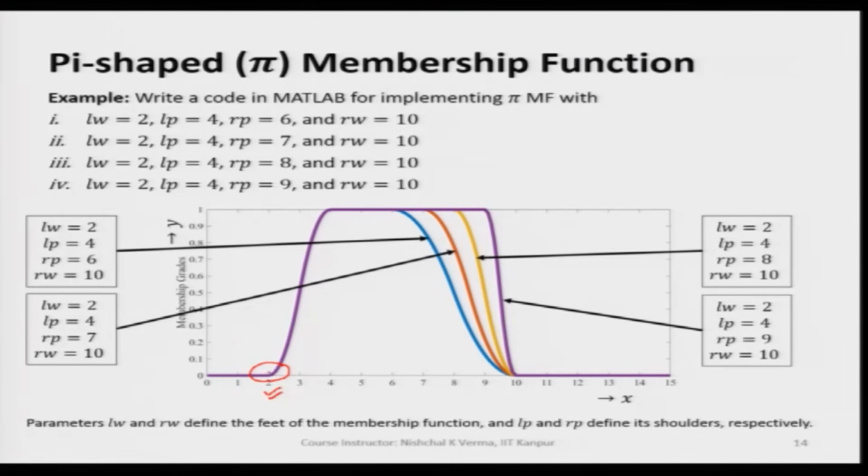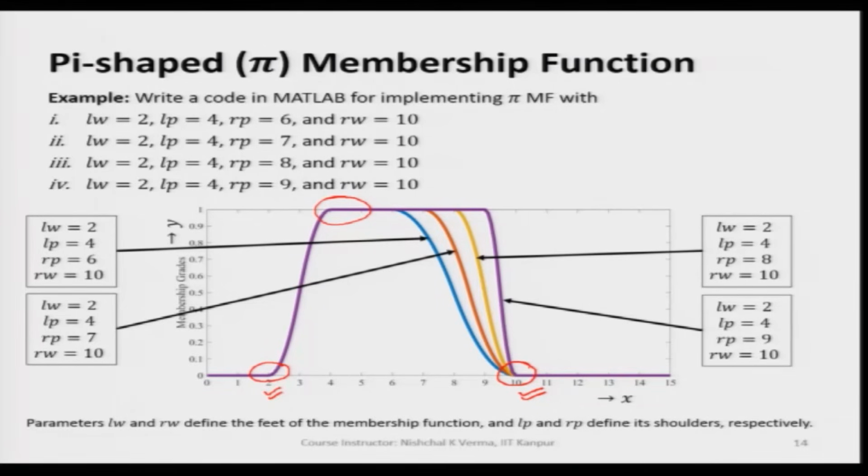RW is 10 and this also remains at 10. So, left feet is not changing, right feet is also not changing, and if we look at the shoulders, LP in all the 4 cases remains the same, at 4.